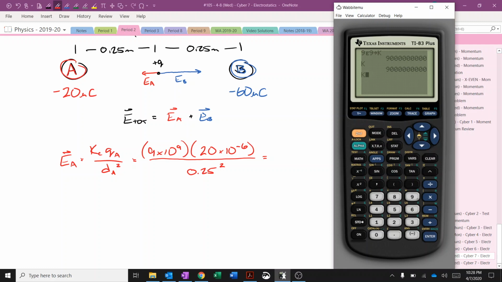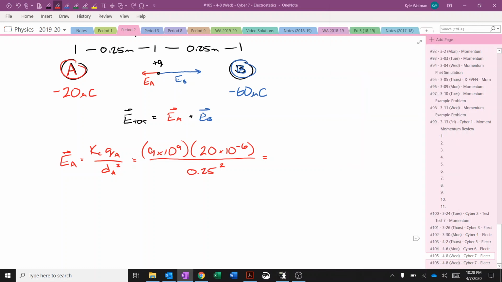And so I can do alpha K times 20 times 10 to the negative 6, which is just the double E feature, second double E, negative 6, and then divided by 0.25 squared. And I get a value of 2,880,000 newtons per coulomb, or 2.88 times 10 to the 6 newtons per coulomb.